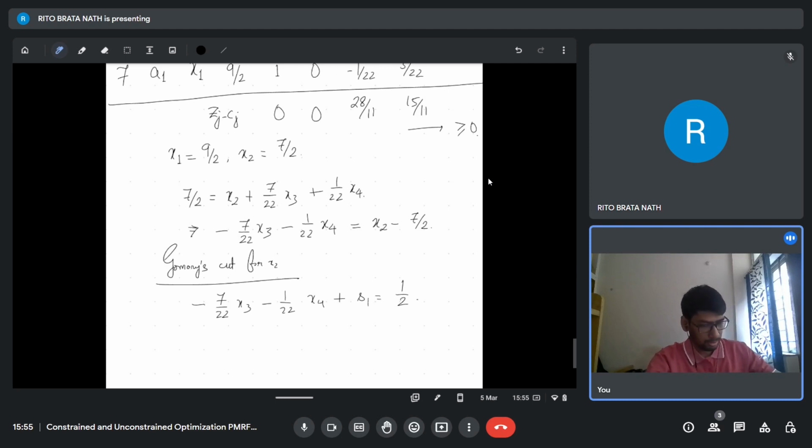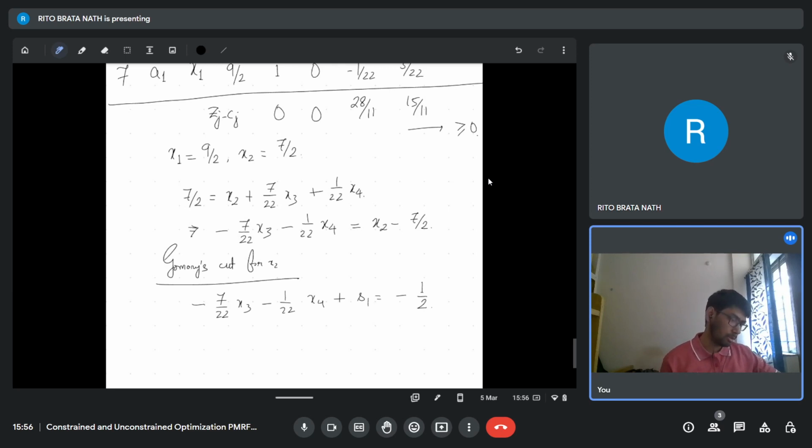Or it should be, I think, minus half. Yes, because if you take the floor, you will be left with the fractional part being half, and there is a minus sign on top of it.